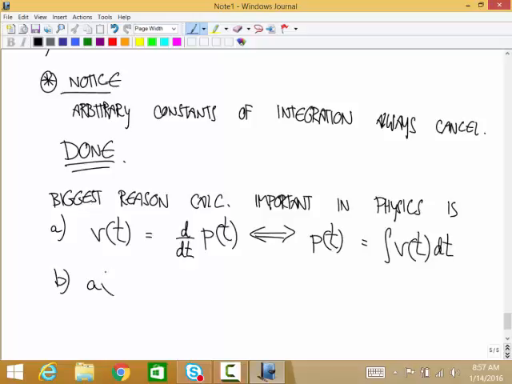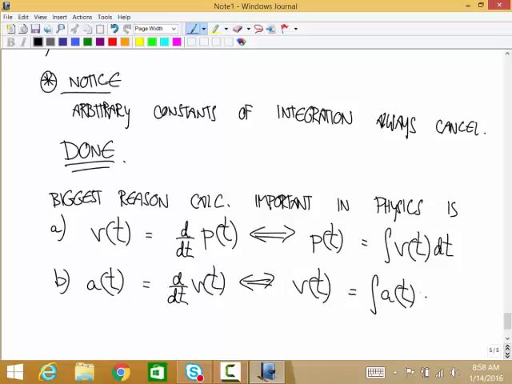And the acceleration is the derivative of the velocity, which is equivalent to saying that if you have the acceleration, you can calculate the velocity as the integral of the acceleration.